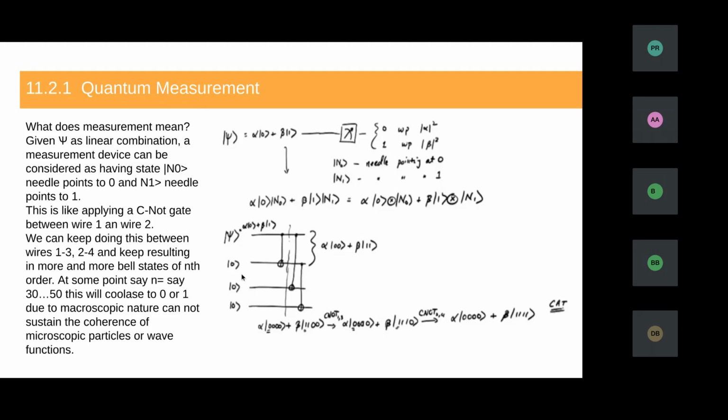If you have 2 qubits, then we have alpha |00> plus beta |11> for 2 wires. If you now have 4 wires, and you are doing 1 to 3, so if you look here, this is the state. Because now what is happening is, you already have 00 here and 00 here to start with. At this stage, these 2 are in this state, but these two are 00.